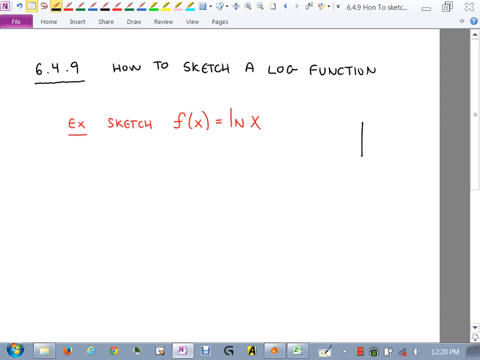Please don't write this down. But I would have to come up with numbers that I know would work over here, right? Like with log base 2, it was 1, and then 2, and then 4, and then 8, and then 16. But what would I use here? You know what I'm saying? This is base e. So what do I use? So here's the way I would recommend you do this instead. We know that this is the inverse of what? This function is the inverse of which function?